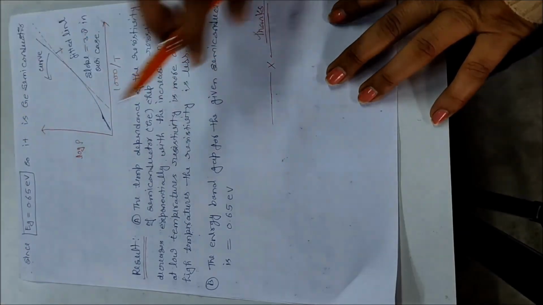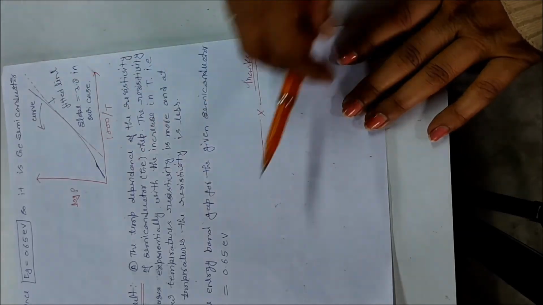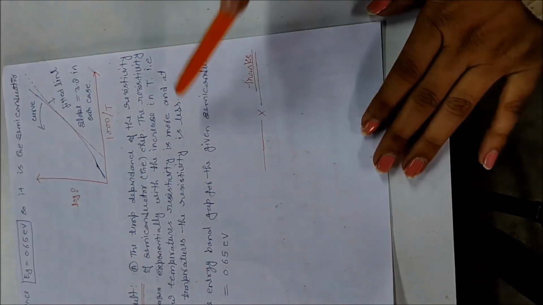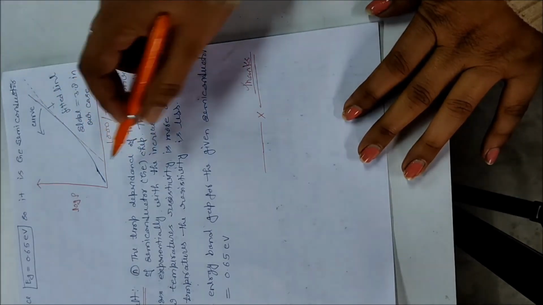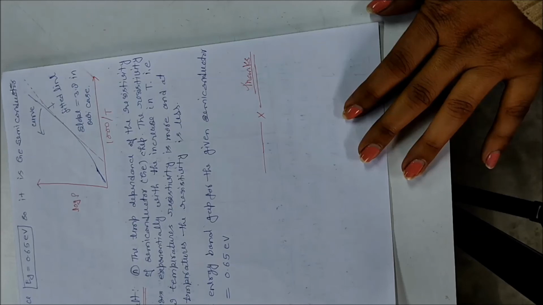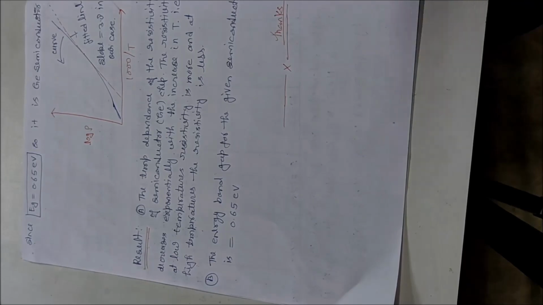So your sample is germanium, and the result of your experiment is the temperature dependence of the resistivity of the semiconductor chip, and the resistivity decreases exponentially. You can see here that with increasing temperature, at low temperature resistivity is more and at high temperature resistivity is less, and the band gap for the given semiconductor is 0.65 electron volt.